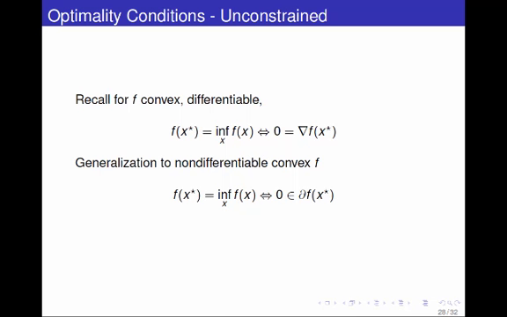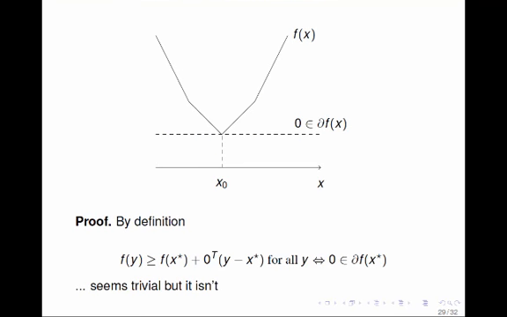So if point x star is optimal, then 0 has to be a member of the subdifferential set, and the geometric interpretation is this. I might not get 0 as a subdifferential at x0, but if I do, I know that I'm optimal.